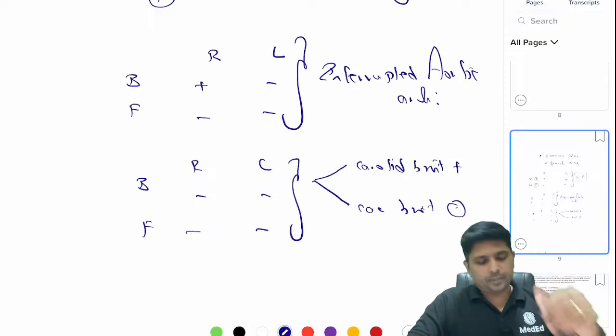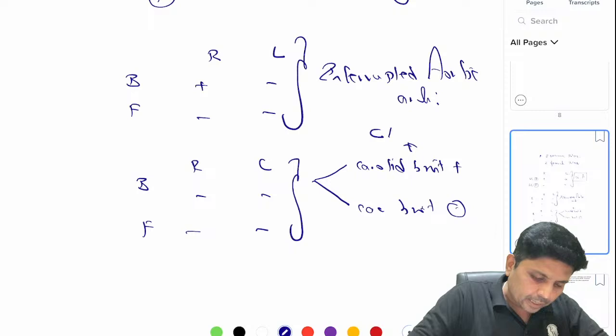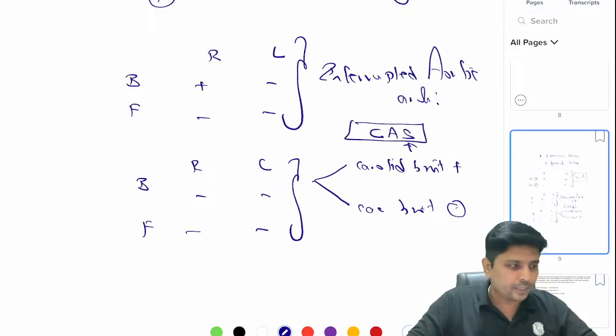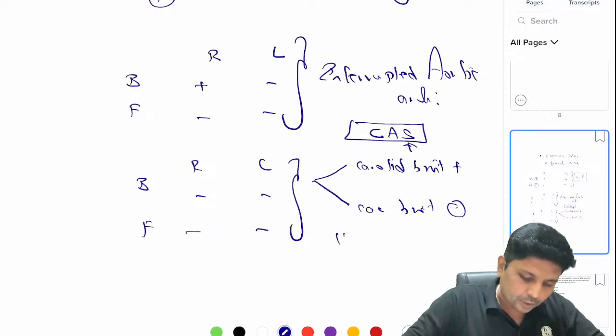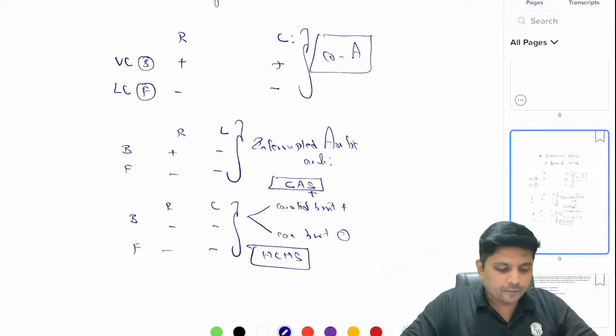Carotid bruit present means it is a case of critical aortic stenosis, whereas carotid bruit absent means it is hypoplastic left heart syndrome.